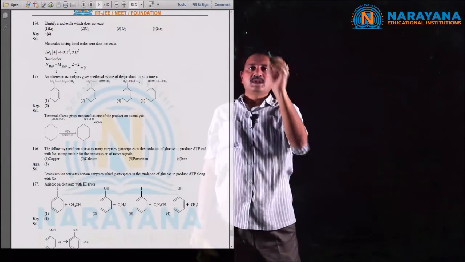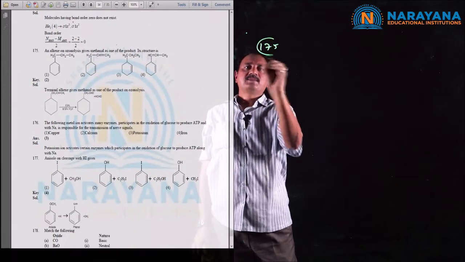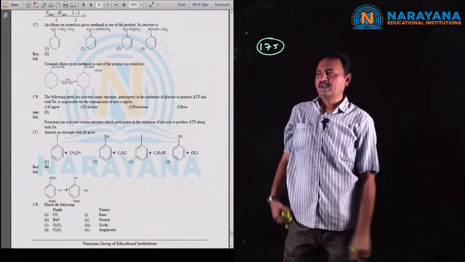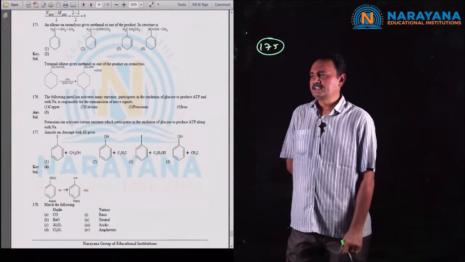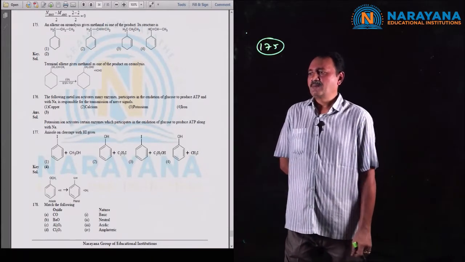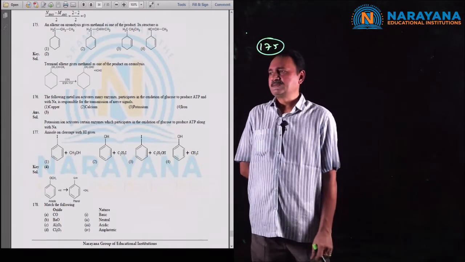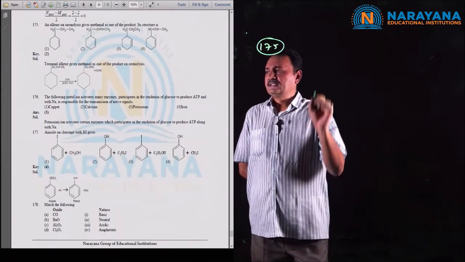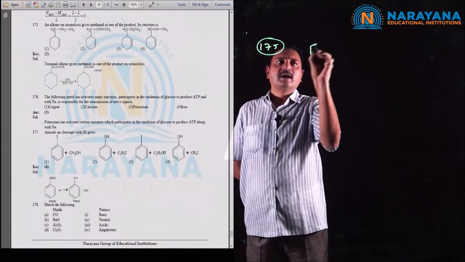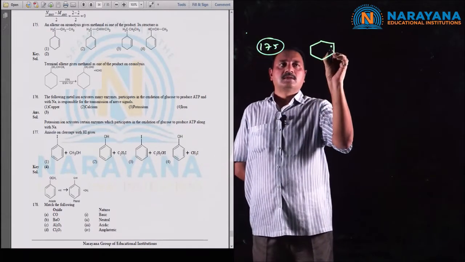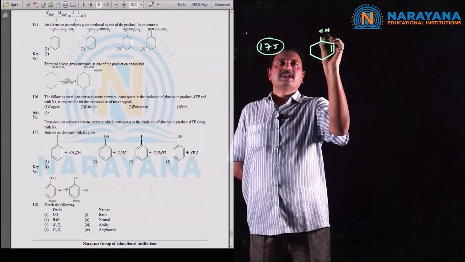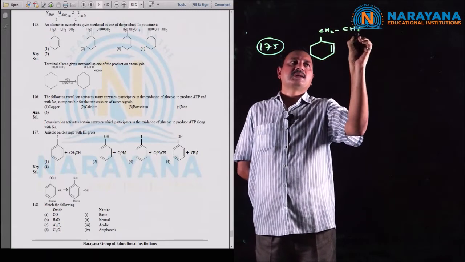Next question number 175. Different structures are given. Out of those structures, which structure produces formaldehyde on ozonolysis? Now let us consider the structure CH2 single bond CH double bond CH2.